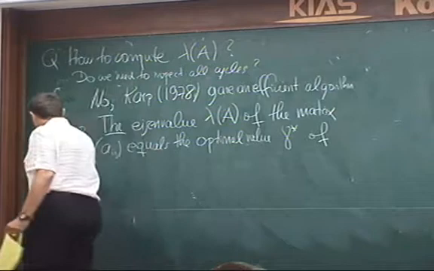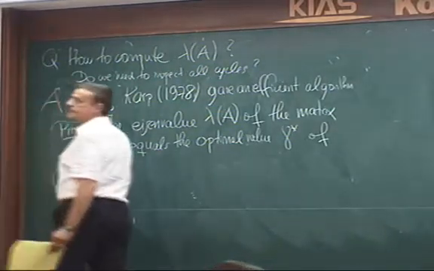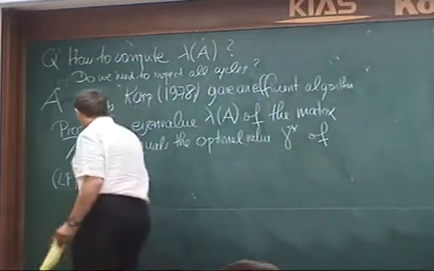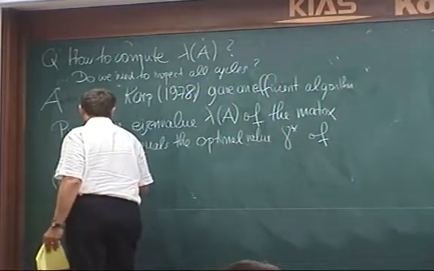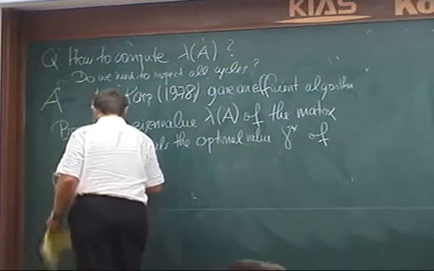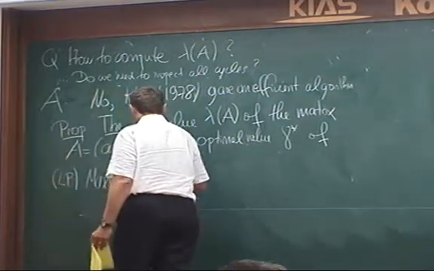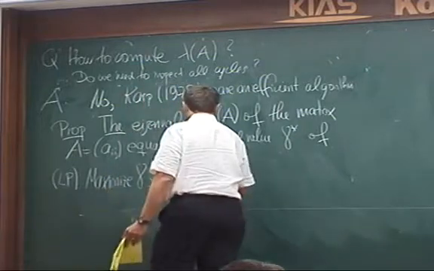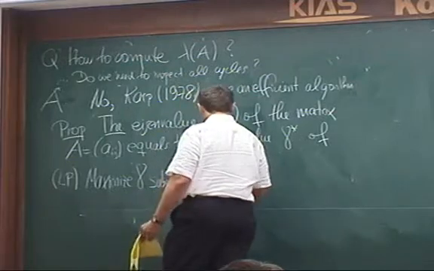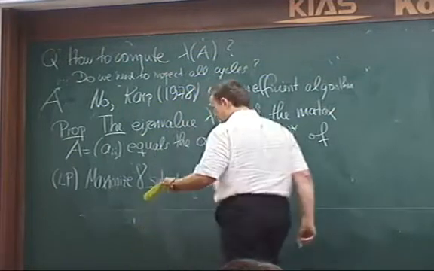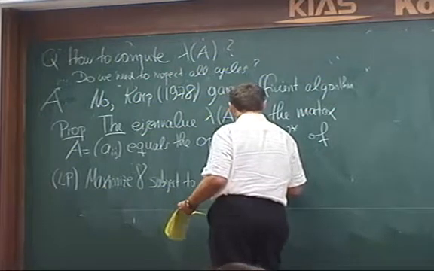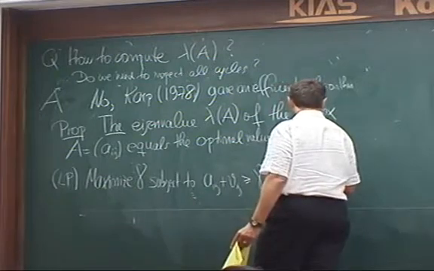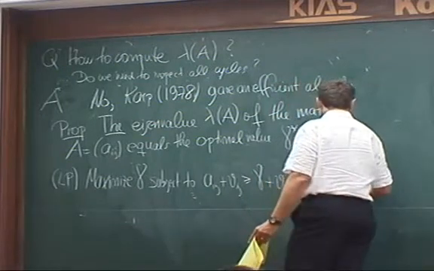This optimization problem is a linear program, an LP, a very nice linear program, namely: maximize gamma subject to the constraints Aij plus Vj greater or equal gamma plus Vi for all i and j between 1 and n.